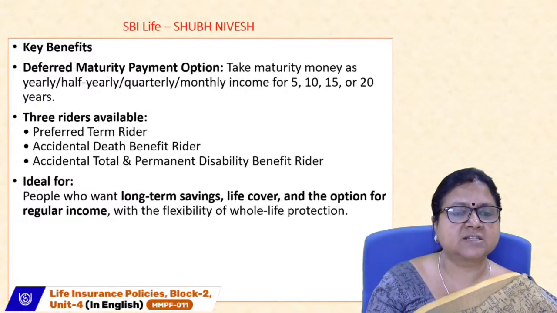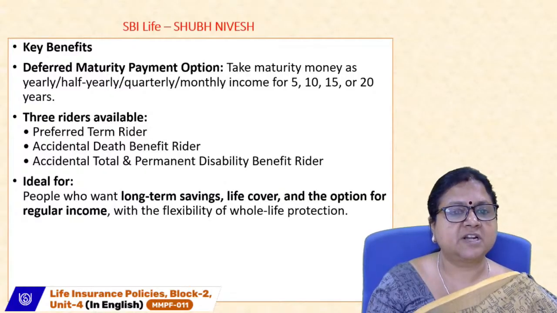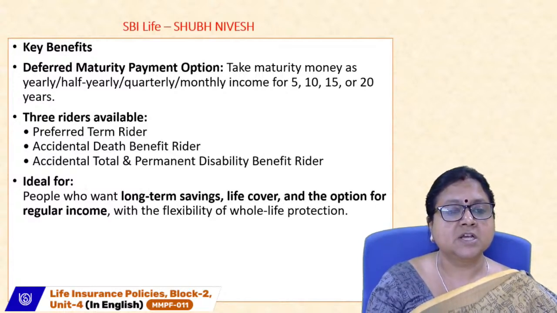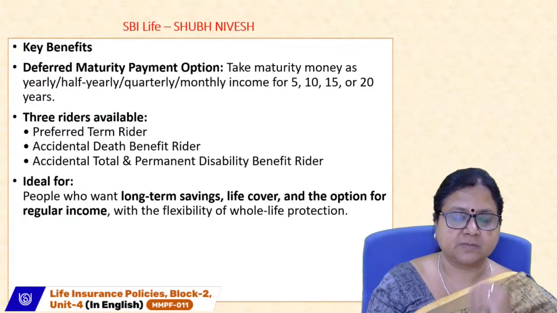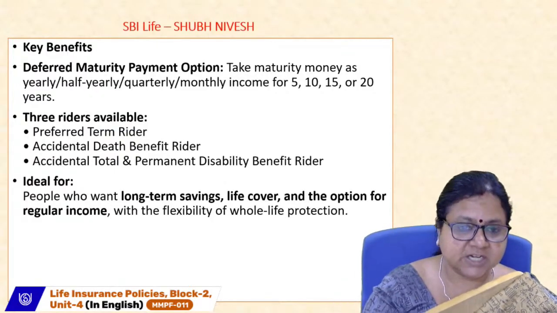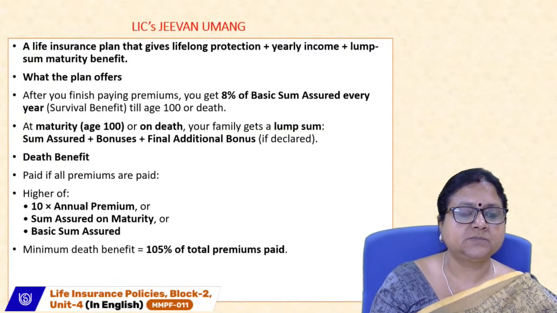And there are three riders available in this policy, which we have already discussed: the preferred term rider, accidental death benefit rider, and accidental total and permanent disability benefit rider. When you have different types of riders, the premium of this policy goes up.